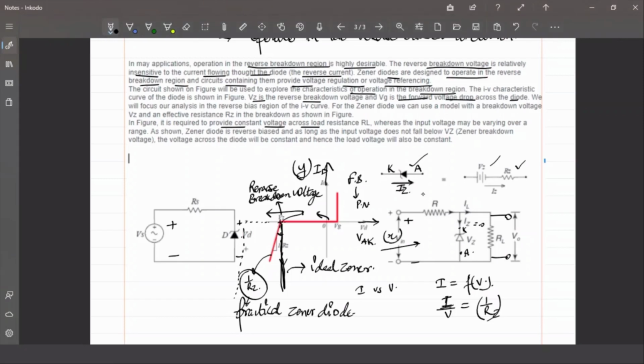Current is zero here, that means this is an open circuit, and the total output voltage will be nothing but RL divided by RL plus R multiplied by the input voltage Vin. This is just a voltage divider circuit then, because there is no current flowing through this. This is an open circuit here.